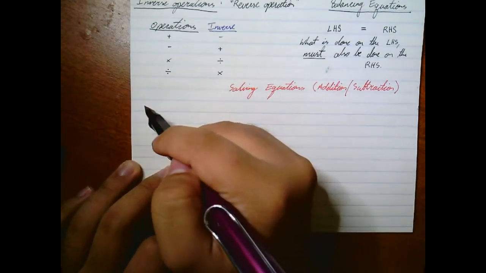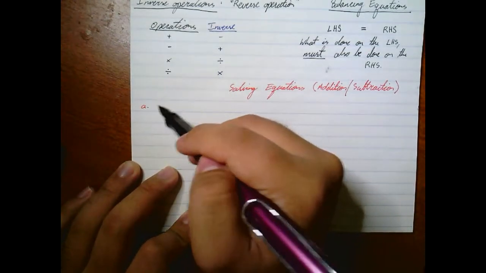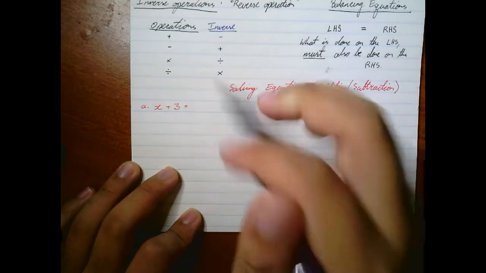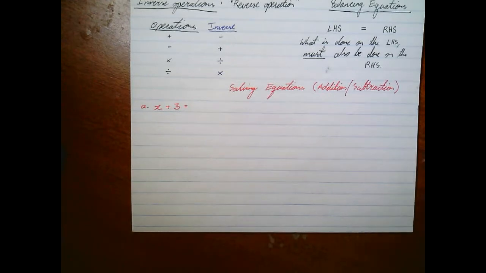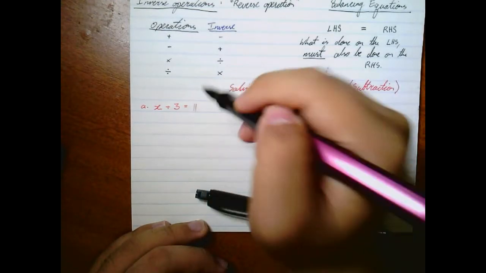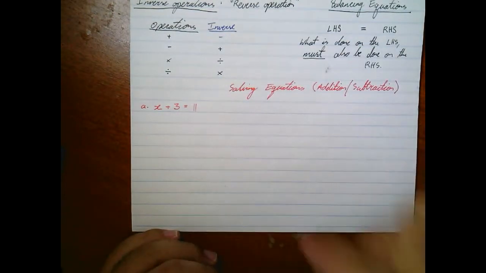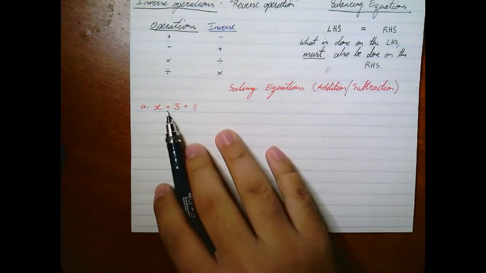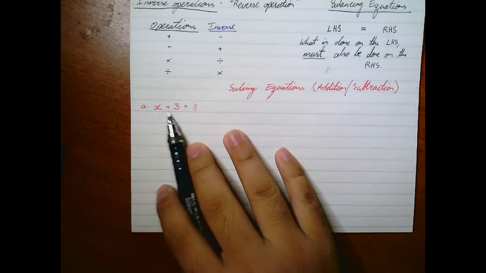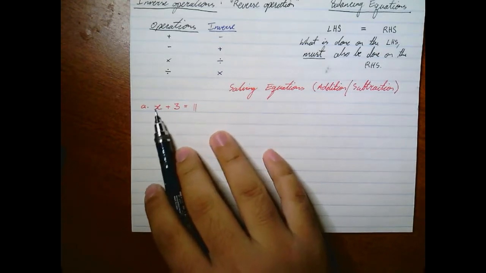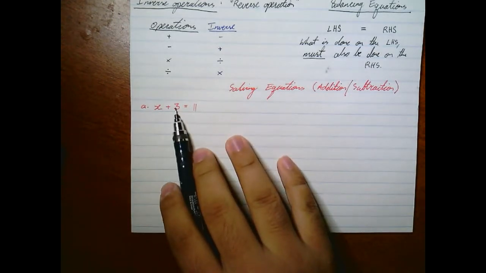We'll take question A. Question A, we'll say it's x plus 3 equals 11. Now we have to figure out what is the inverse. What operation is being done to x? Can you see how it's going to be x, so some number plus 3.